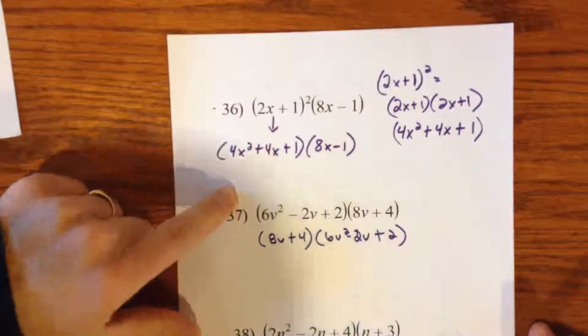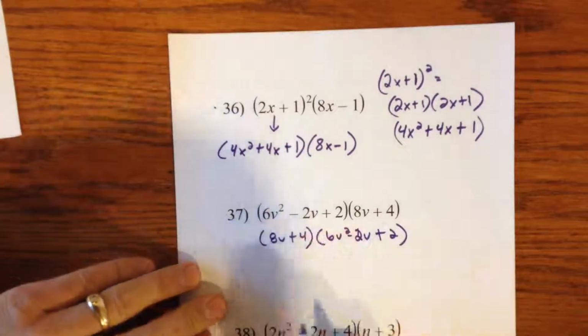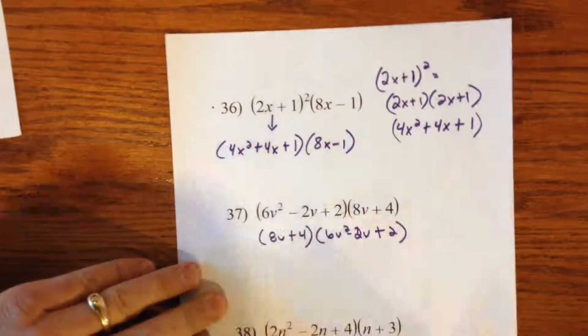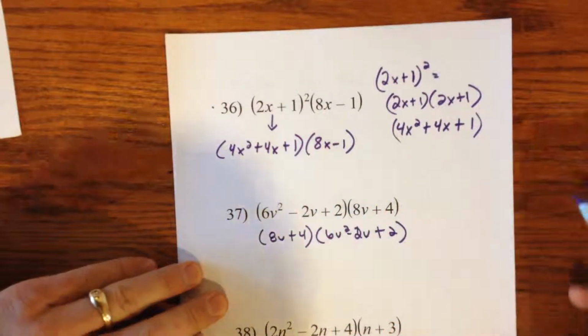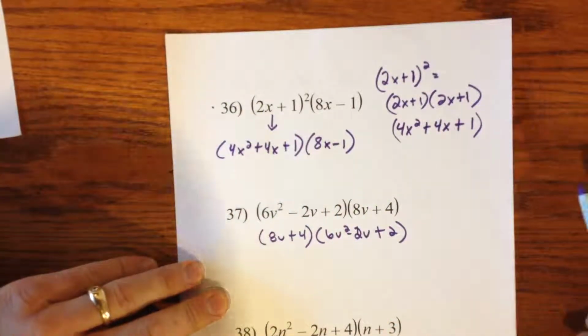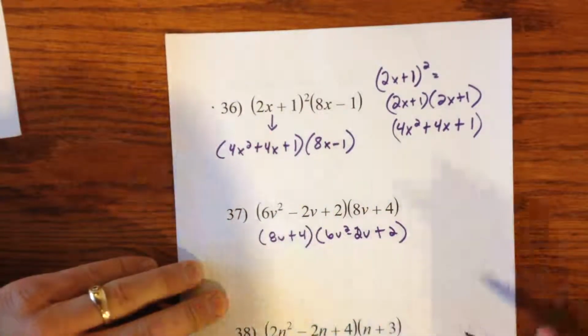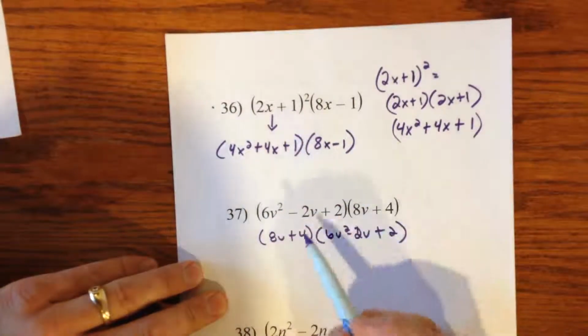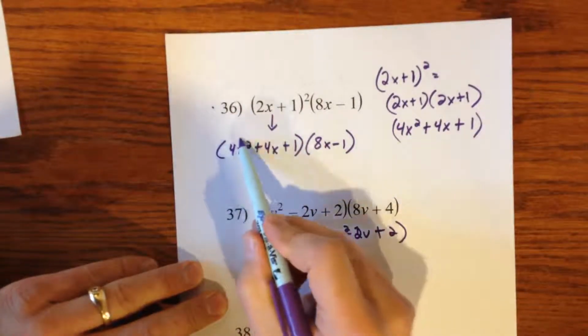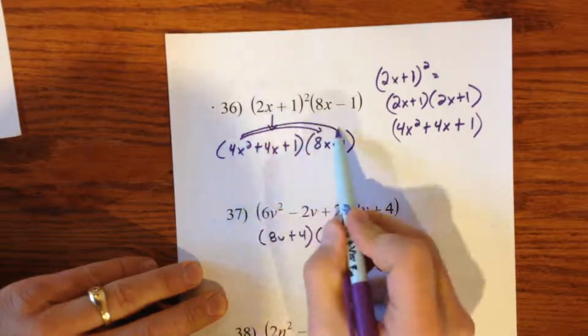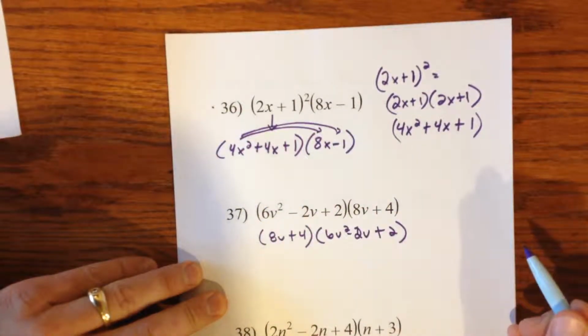Okay, and now we're back to what 37 looks like exactly like this. I have a trinomial times a binomial. So you may be wondering, can I still do this without flipping these two? And yes, you can. You could do 4x squared, you could just distribute that twice.